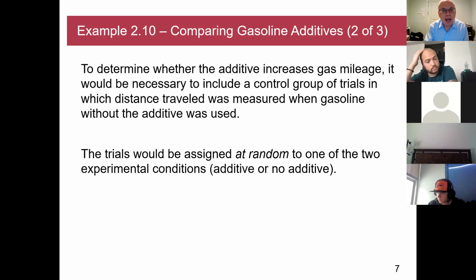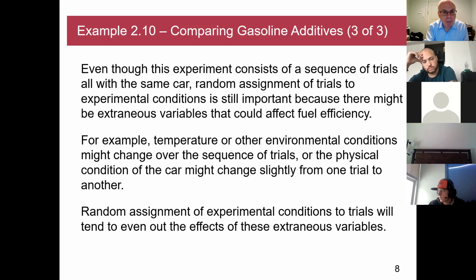To determine whether the additive increases gas mileage, it would be necessary to include a control group of trials. Well, that's the one where the gasoline doesn't have the additive. So each trial would be randomly assigned to one of those two conditions. Either a gallon of gas has the additive or a gallon of gas does not.